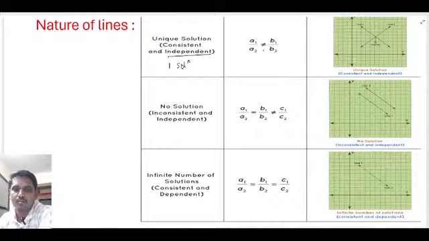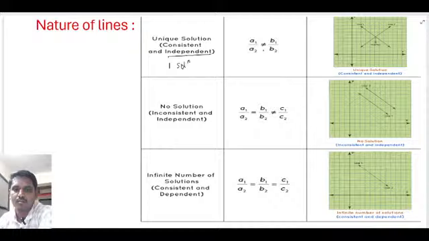So when a system of equation has solution, we say it is consistent. That solution may be one or infinite.